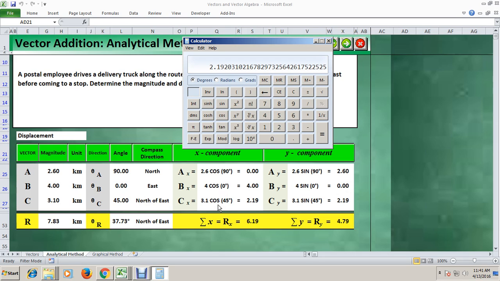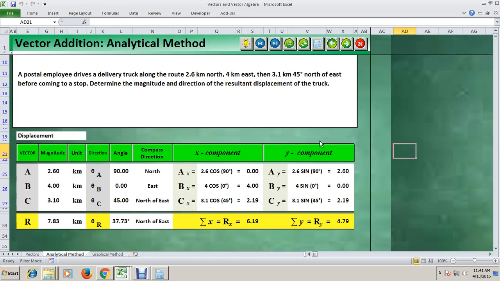This is about 0.707, just like the value of cosine 45 degrees. Let's verify that. We have sine 45, so that is about 0.707, the same value as cosine. Multiply this again with 3.1 should yield the same value, 2.19.